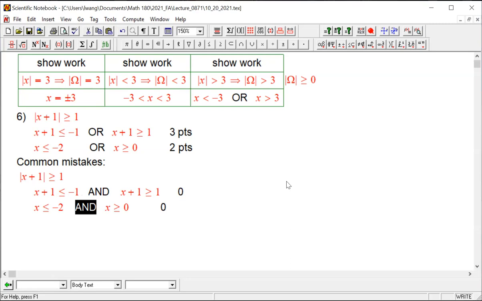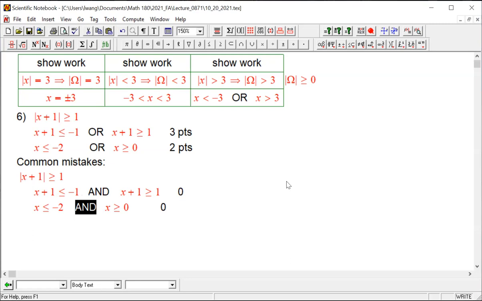Mathematics is not about numbers alone. Mathematics is about logic. It's training a logical mind. If you can't even have and or clarified, you're doomed to make a lot of mistakes. You're doomed to lose a lot of points.